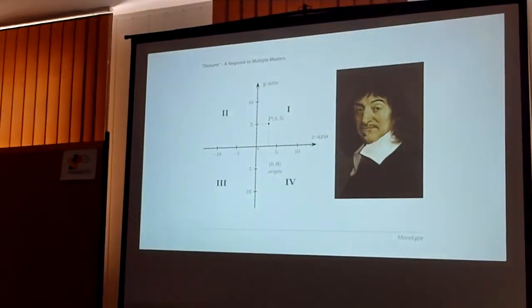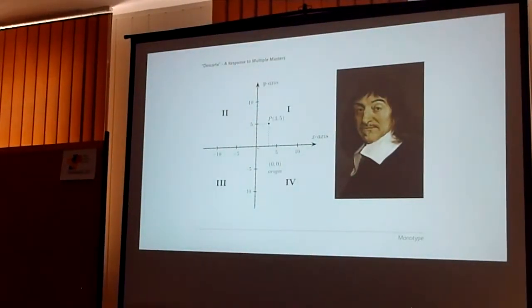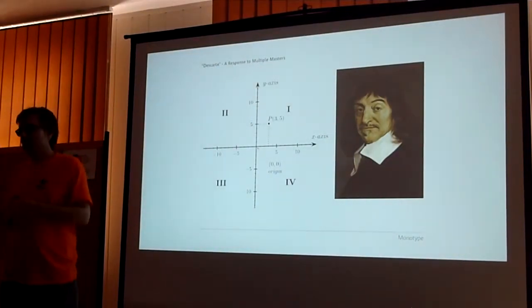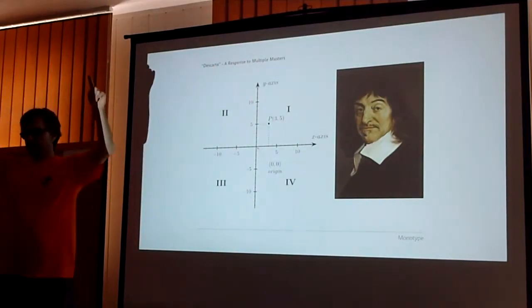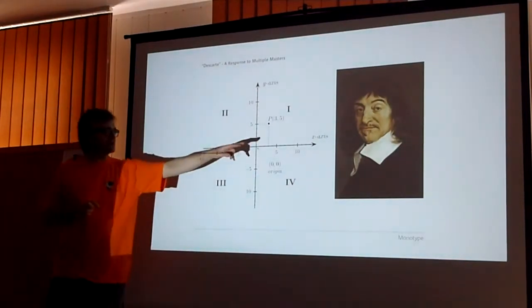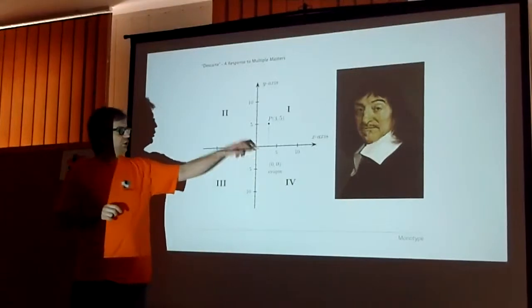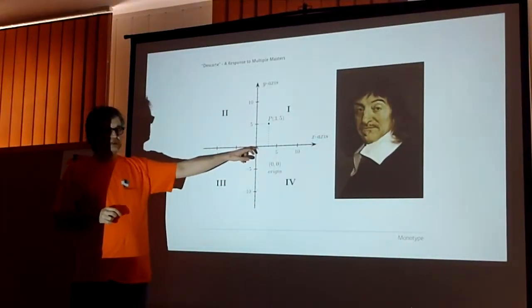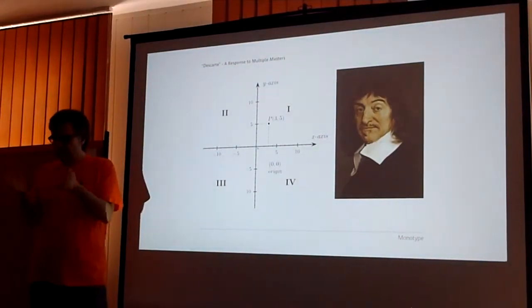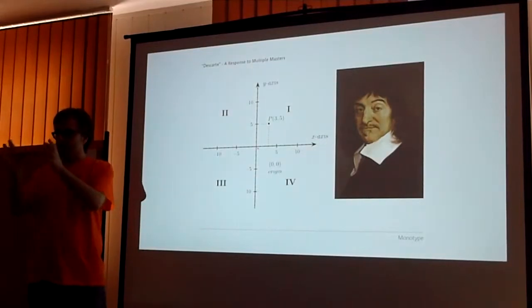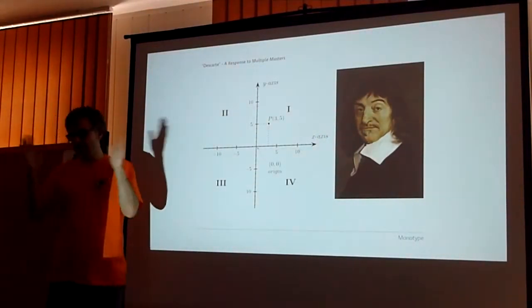And basically, the idea of Descartes was that rather than using these corners, all axes would have an origin, and that origin would be the actual design, the one set of glyphs that don't have any variations.